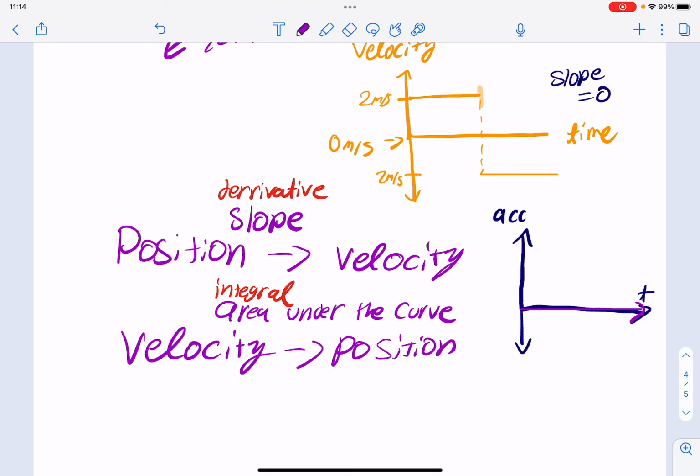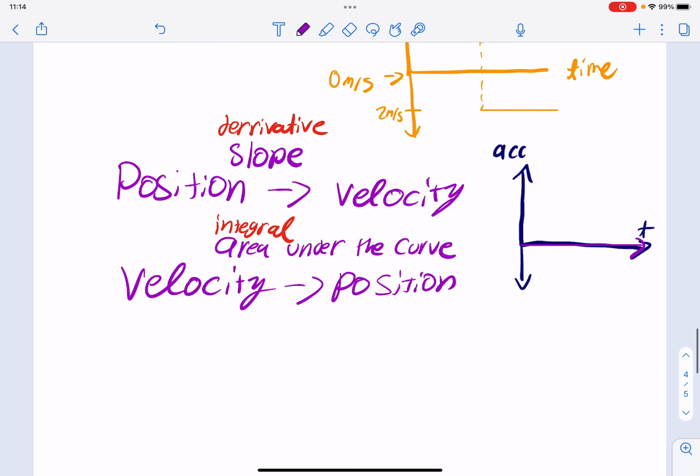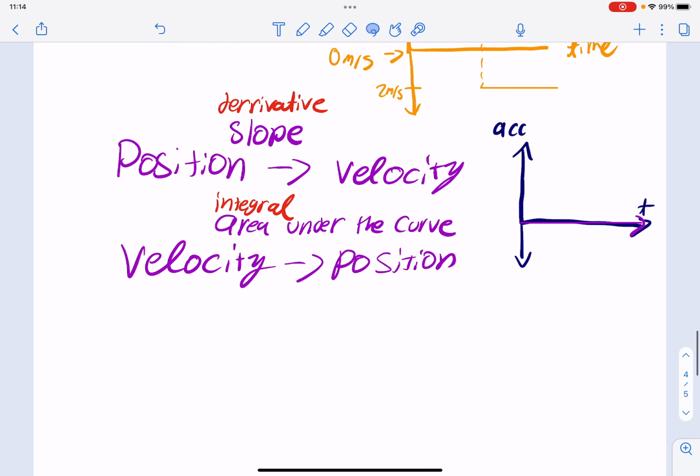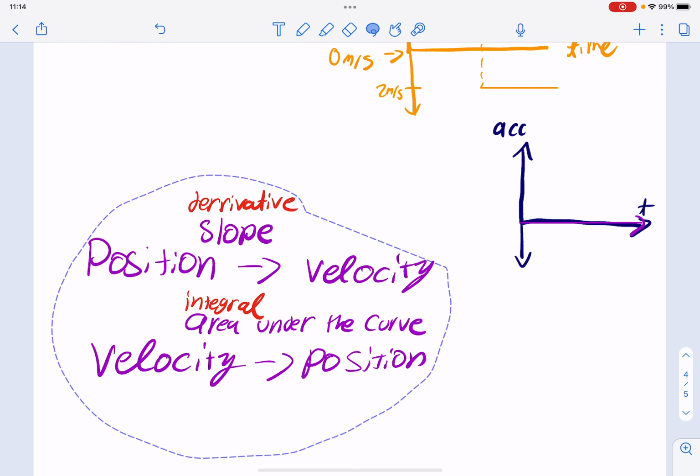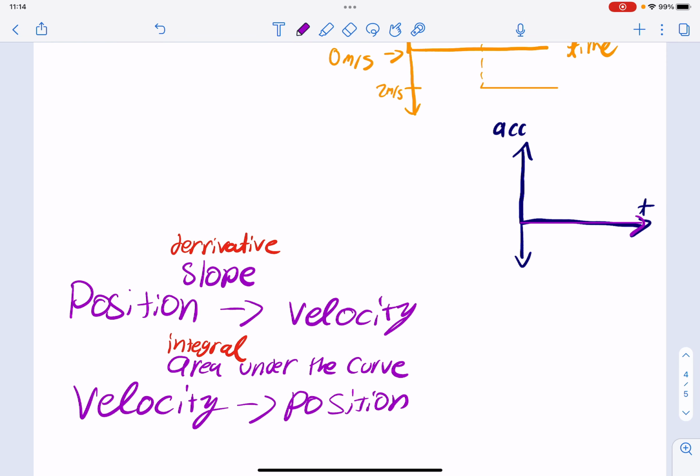Because the same way that we went from position to velocity by using the derivative or the slope, it's going to be the same thing for our velocity to acceleration. So we're going to go from velocity to acceleration the same way.